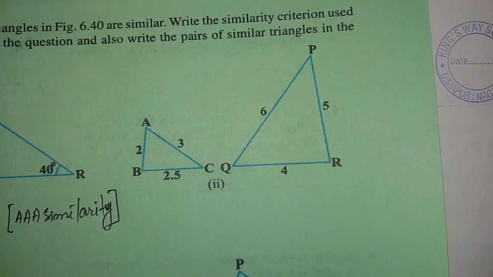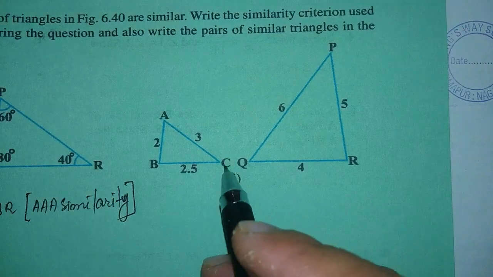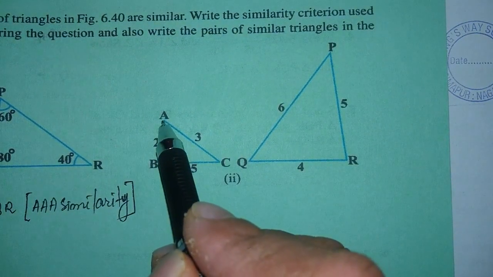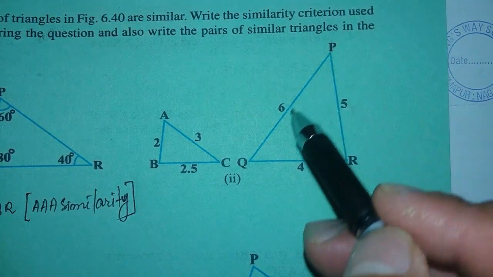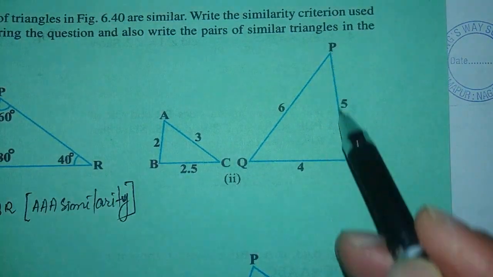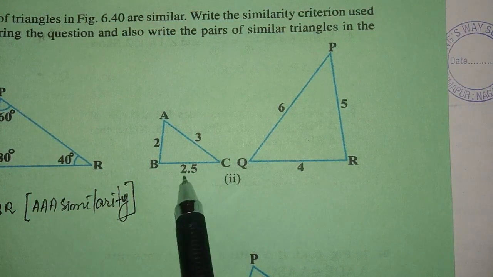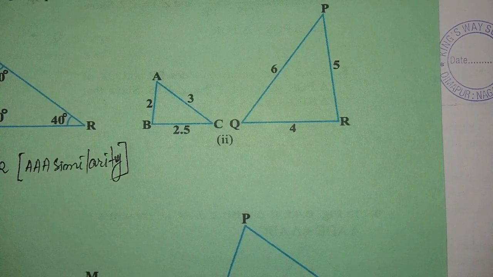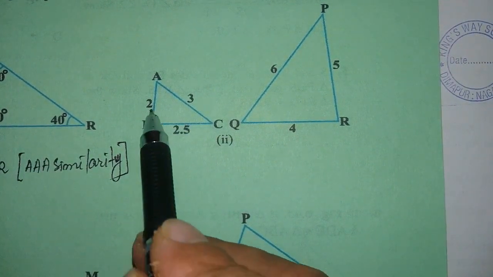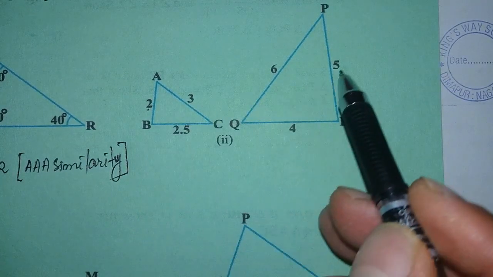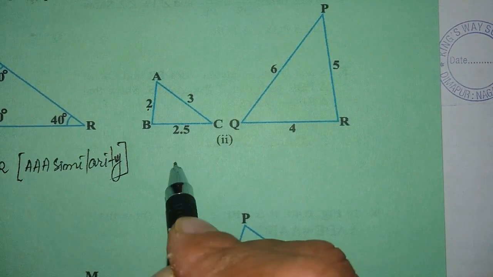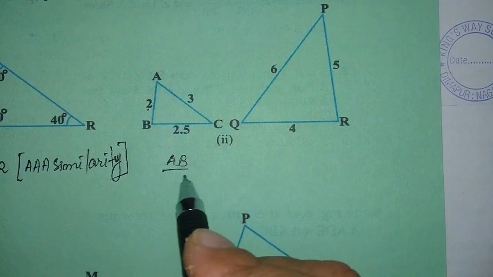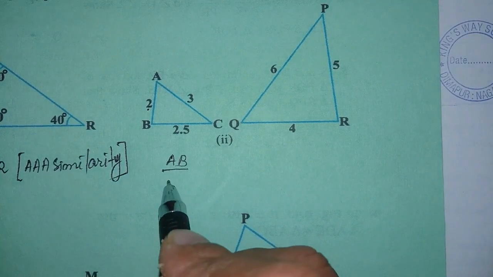And now the next pair of triangles. Here AP is 2 cm, PQ 6, QR 4, PR is 5, here also BC is 2.5, AC is 3. Now we will check the ratio of the corresponding sides. Now the shortest side here is 2 cm. Here the shortest side is 4 cm. So let's check the ratio of these two shorter sides.